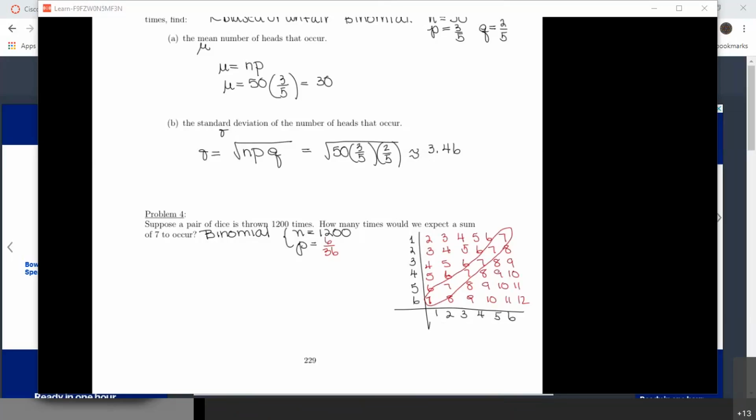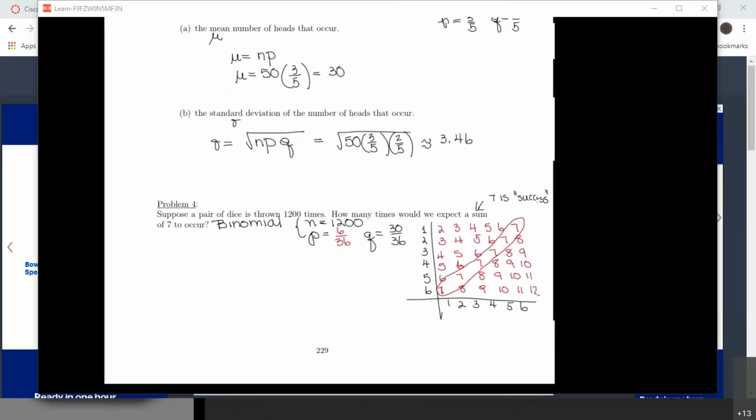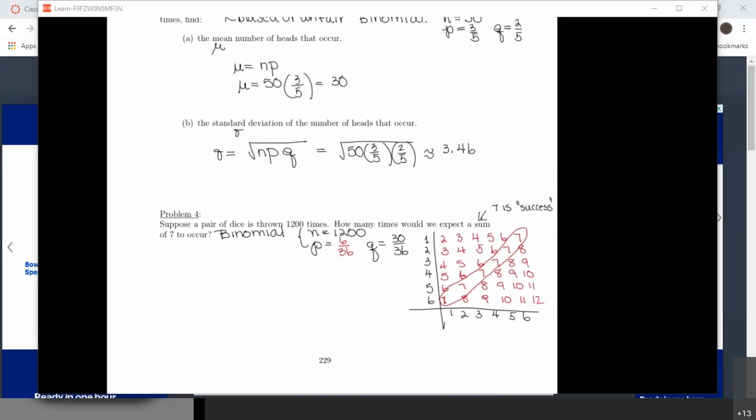That means the rest of them, if I define getting a 7 as a success, okay, sum of 7, then not 7 happens all of the remaining 30 times. Okay, everybody all right with that? So how many times would you expect on average to get a 7?